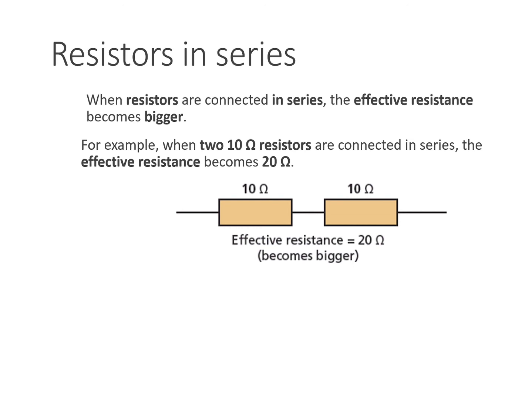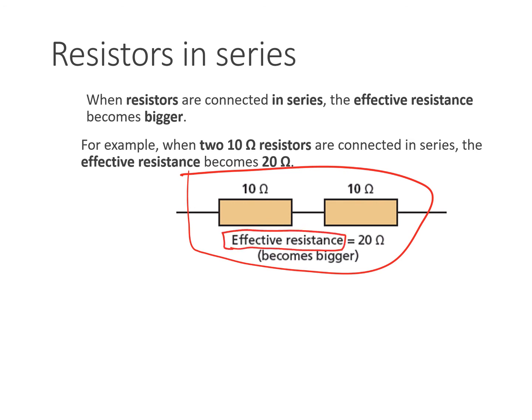And resistors, like all other electrical components, can be connected either in series or in parallel. Take note that when resistors are in series, they actually have a combined resistance. So this is 10 ohms, this is 10 ohms. When you put them together, there is a combined resistance, and we call it the effective resistance.